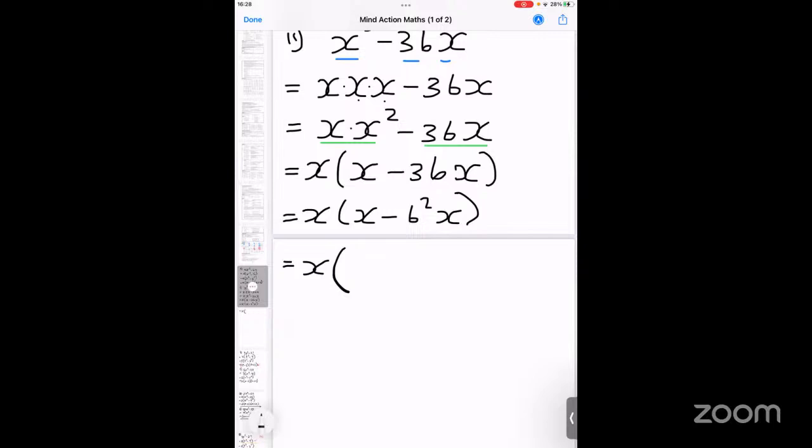And also, when you take out something as a common factor, it's like you minus it from both sides. For example, if you take out that x, it mustn't appear again, because if it appears again, it means you did not take it out, and then the equation is already wrong.